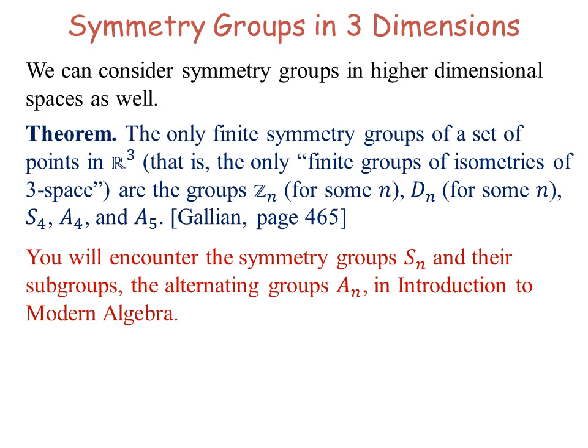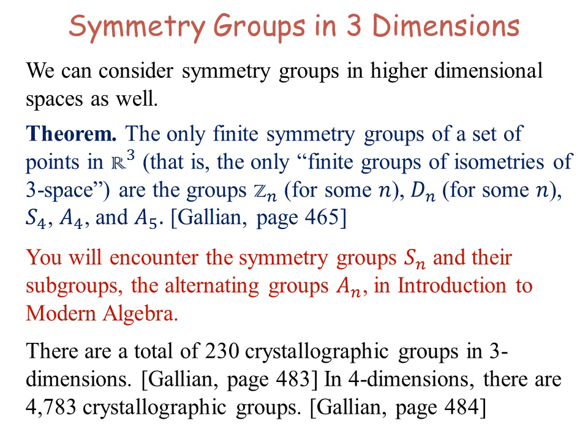The only finite symmetry groups of a set of points in R3, that is, the only finite groups of isometries of 3 space, are the groups Z sub n for some n, D sub n for some n, S sub 4, A sub 4, and A sub 5. You will encounter the symmetry groups S sub n and their subgroups, the alternating groups A sub n, in Introduction to Modern Algebra.